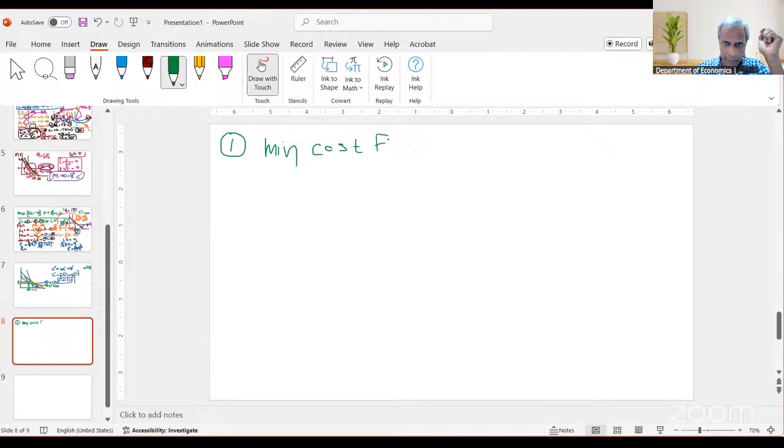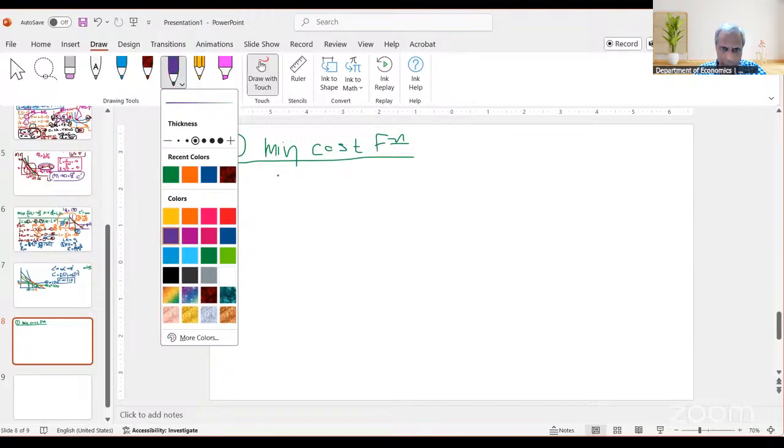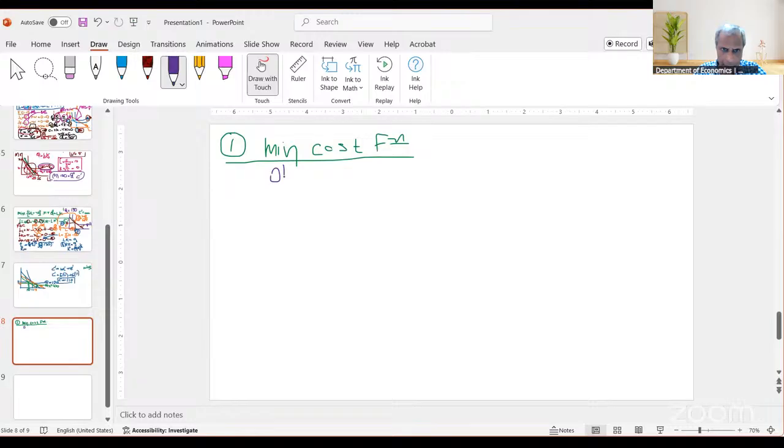So what I'm going to do right now is show you how to derive the minimum cost function. After this one, I will also do how to derive the maximum value function. Now here is the first exercise, the objective function. Of course, it is to minimize the cost.